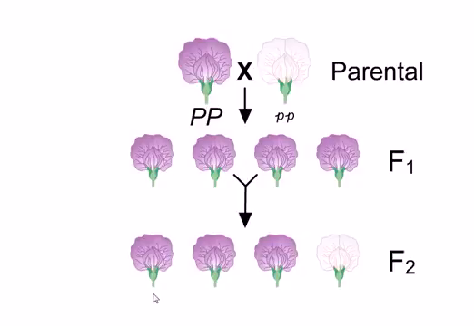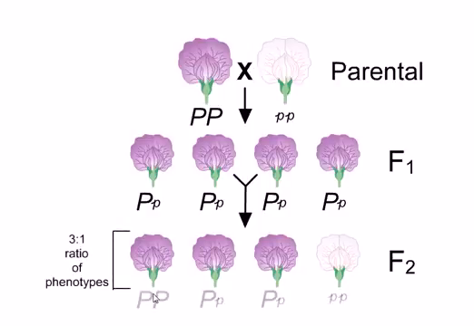Their F1 offspring are heterozygous and show the dominant purple flower phenotype. The next generation, called the F2 generation, reveals a typical 3:1 ratio of phenotypes. The recessive white-flowered phenotype reappears in this generation after having disappeared in the F1 generation.